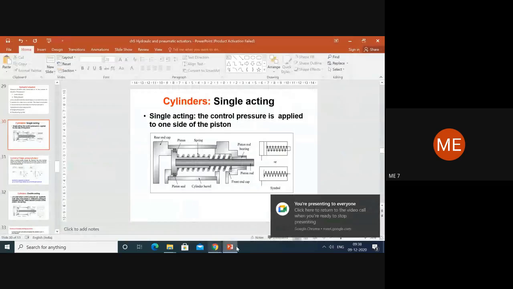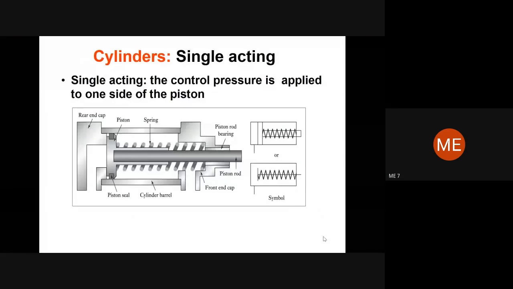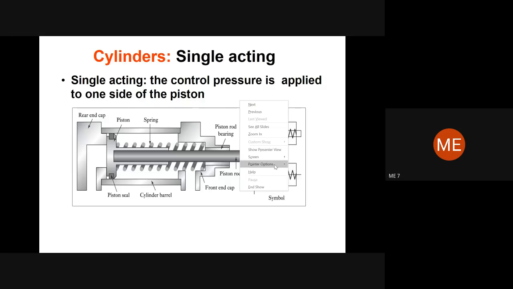Now, in the case of your single acting cylinder, the control pressure is applied onto one side of the piston. Please understand this. Control pressure is nothing but the pressure required to move the piston from one end to the other end.